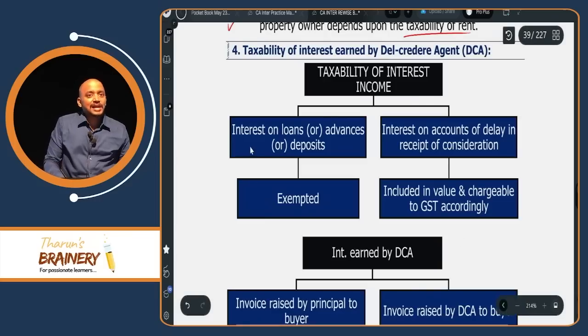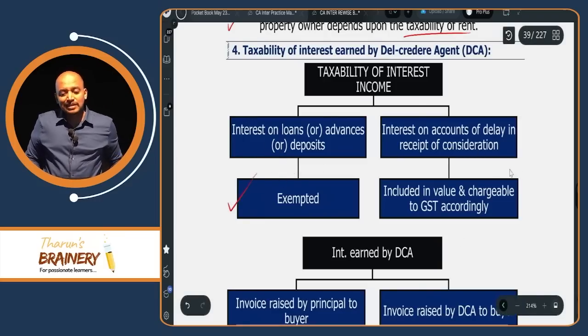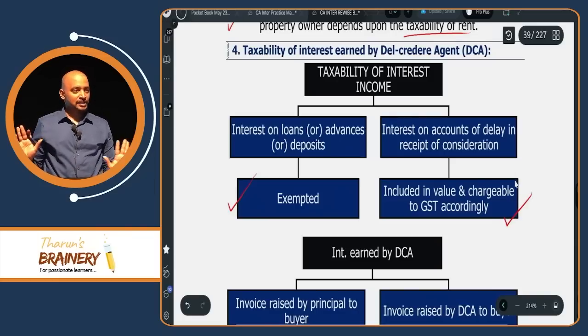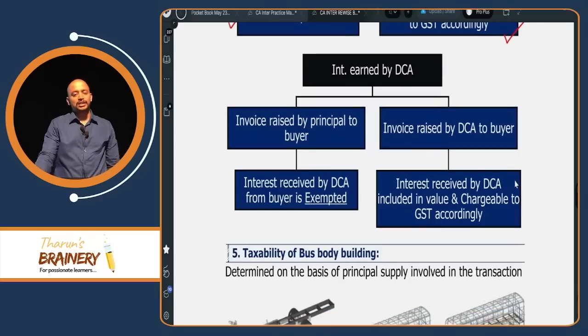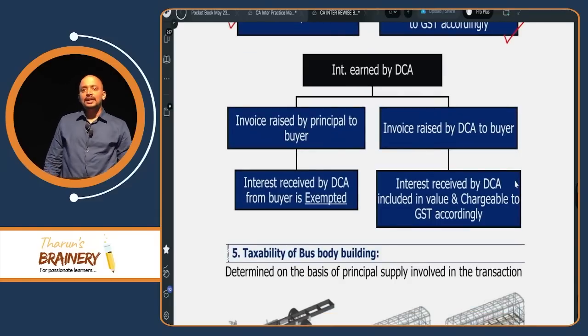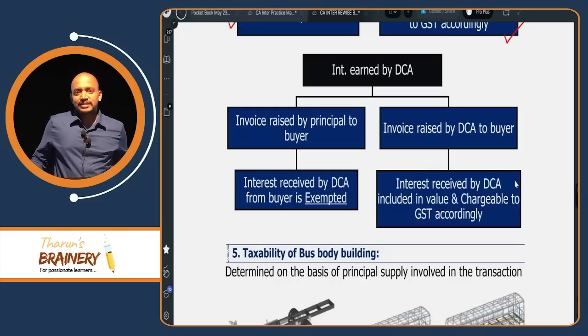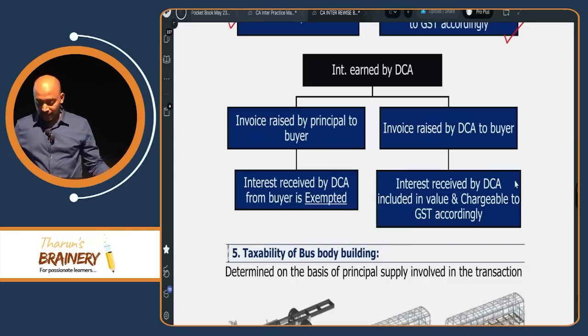Interest on loans, advances, deposits is exempted, whereas interest on account of delay in receipt of consideration is included in the value and chargeable to GST accordingly. So tell me, what is the taxability of interest income? Interest on loans, advances, deposits is exempted. Interest on account of delay in receipt of consideration will be taxable, included in the value.